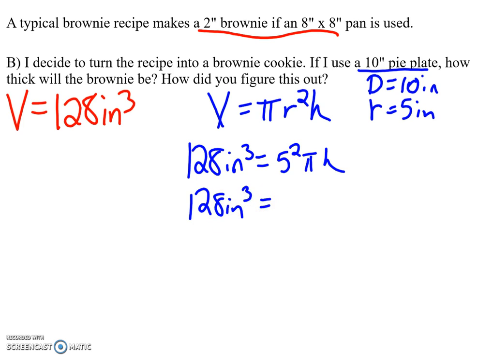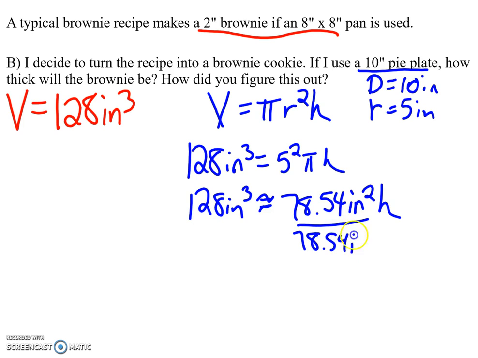So this will give me 128 cubic inches, and then 25 times pi, and I'm going to just use the approximate since I'm going to need that decimal value. That's approximately, I'll put the approximate symbol here, 78 and 54 hundredths square inches. And then I've got times the height. So I'm going to divide both sides by that 78.54 square inches.